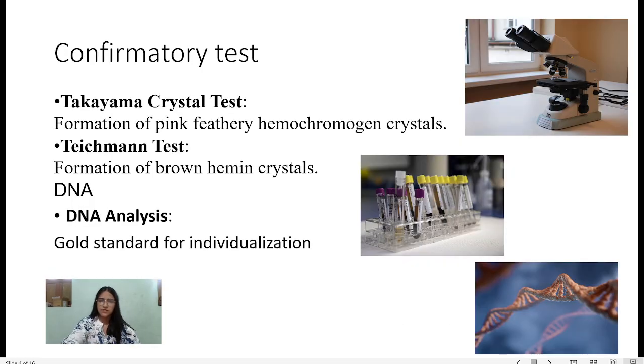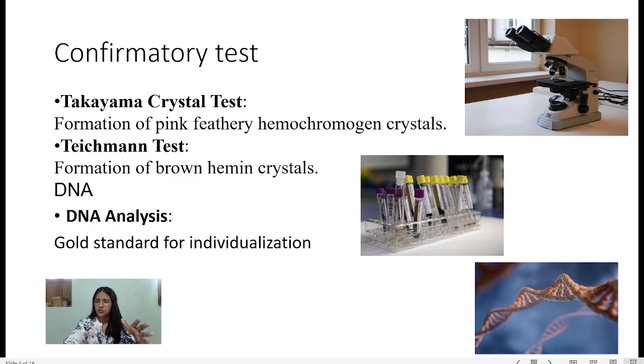The confirmatory test of blood is the Takayama test. In this test, formation of hemochromogen crystals takes place in the presence of hemoglobin and pyridine.